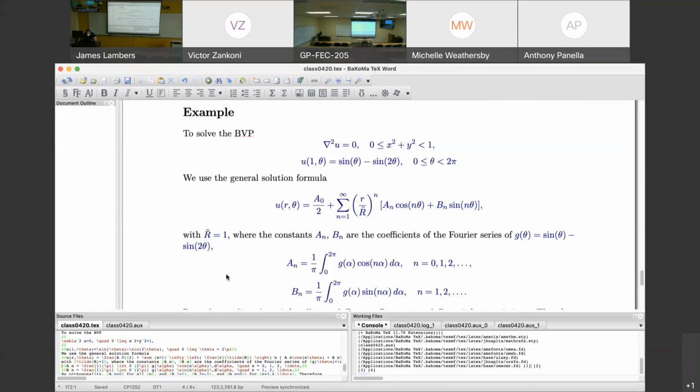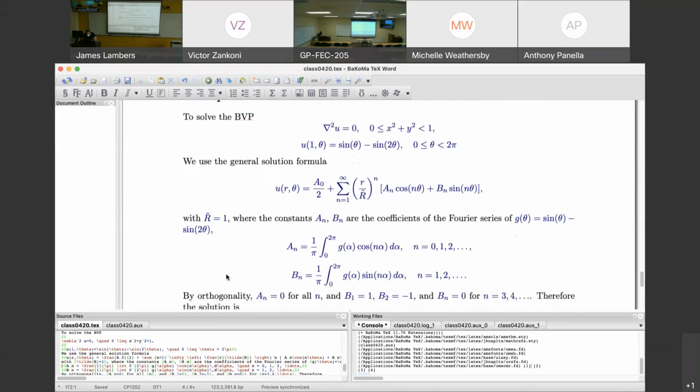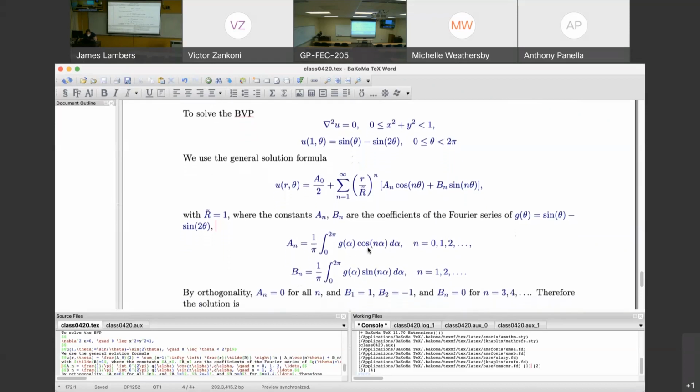Now those coefficients aren't given by these integral formulas, but in this case, given the form of g of theta, we don't need to use those because we have orthogonality of sine and cosine. So because our boundary data is a linear combination of sines, there is no component in the direction of any cosine. So all of the a_n will be 0.